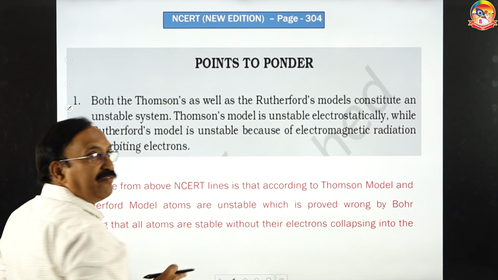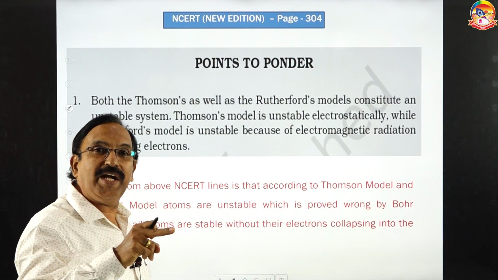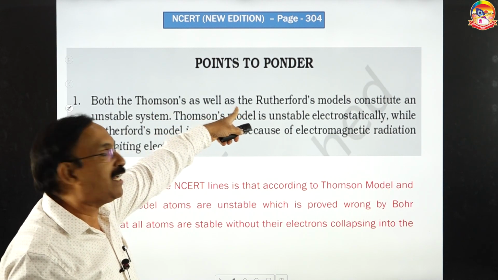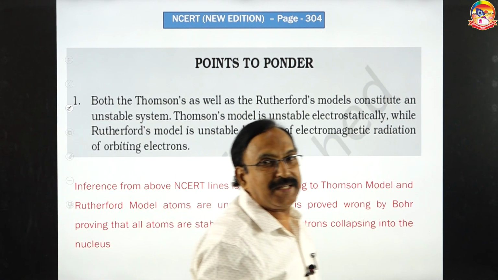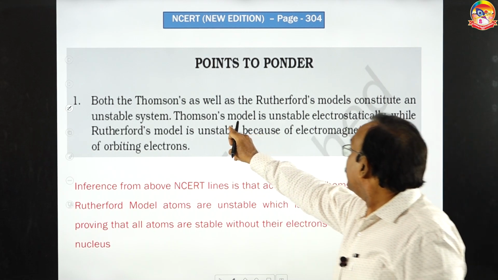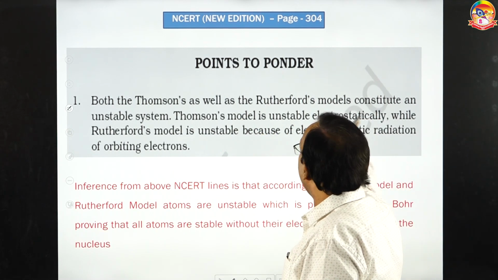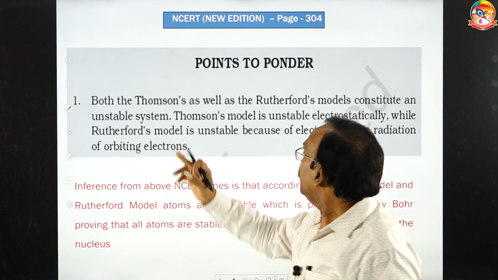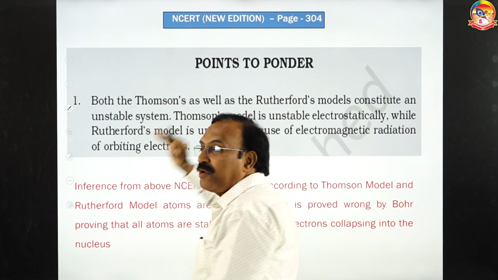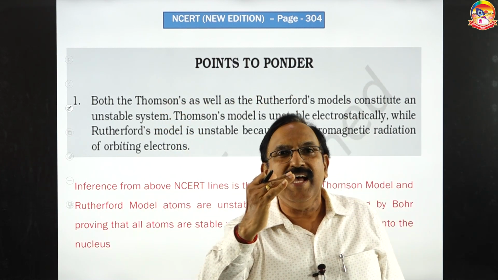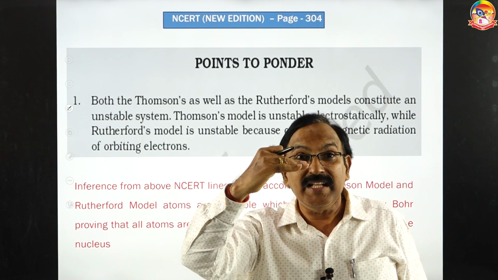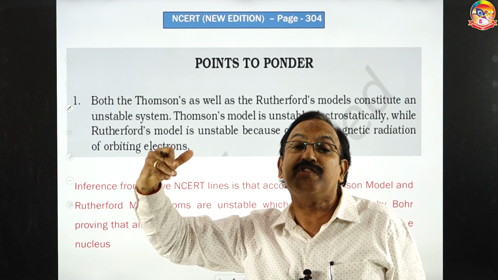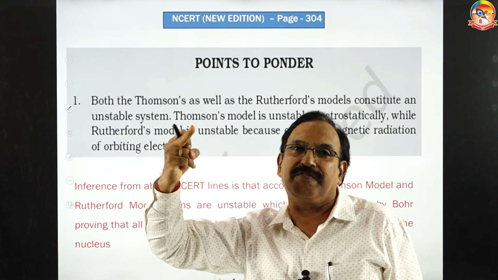Even in NCERT, both the old edition and the new edition, under the heading of points to ponder, they have mentioned one more statement: both the Thomson as well as Rutherford's models constitute unstable systems. Thomson and Rutherford models are atomic models, and unstable systems means the atoms are unstable according to Thomson and Rutherford.